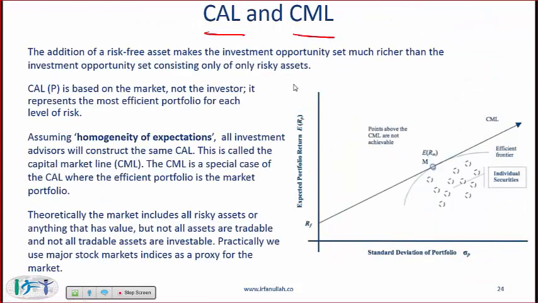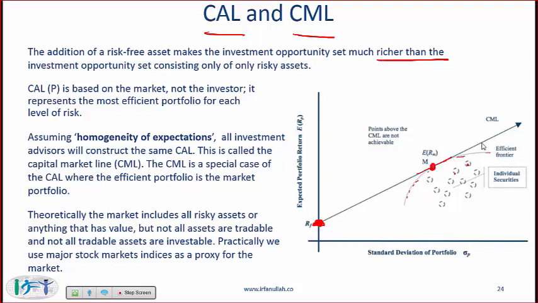CAL and CML. The addition of a risk-free asset makes the investment opportunity set much richer than what we just saw. So this, for example, is a segment of the efficient frontier, but the limitation with the efficient frontier was that we were only working with risky assets. Now if we also add the risk-free asset, what we can do is take a line that connects the risk-free to this point over here.